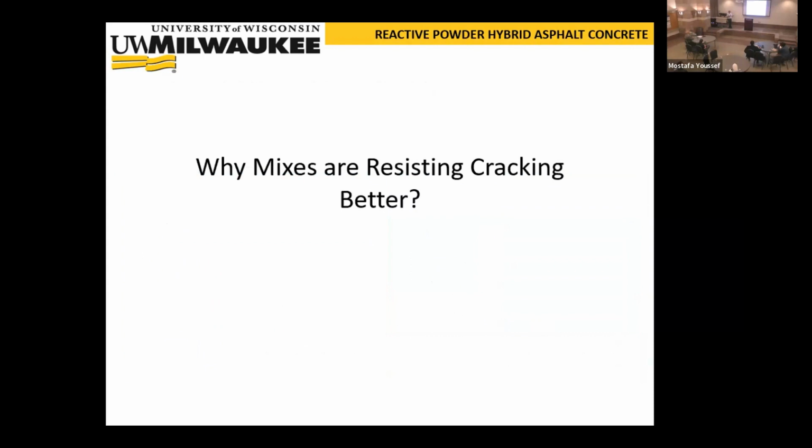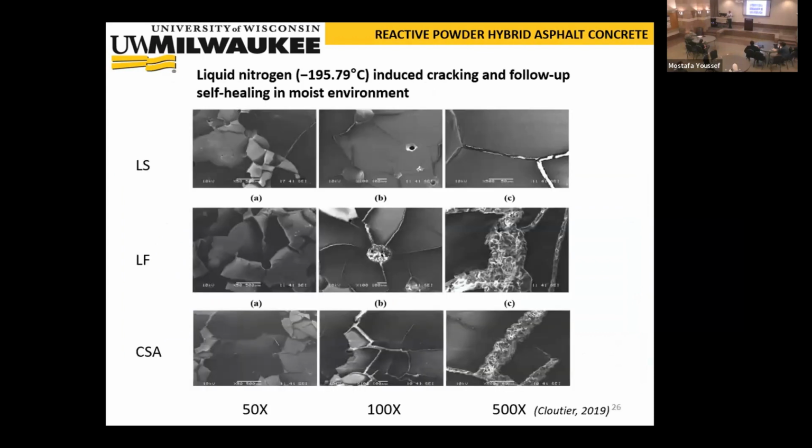So why do we think this is happening? And I think we found the answer in these pictures. If you look at the limestone and the cement pictures, looking at the cracks that are created, this is done at liquid nitrogen, almost negative 195 degrees, you'll notice that the cracks are getting filled with the products of hydration.